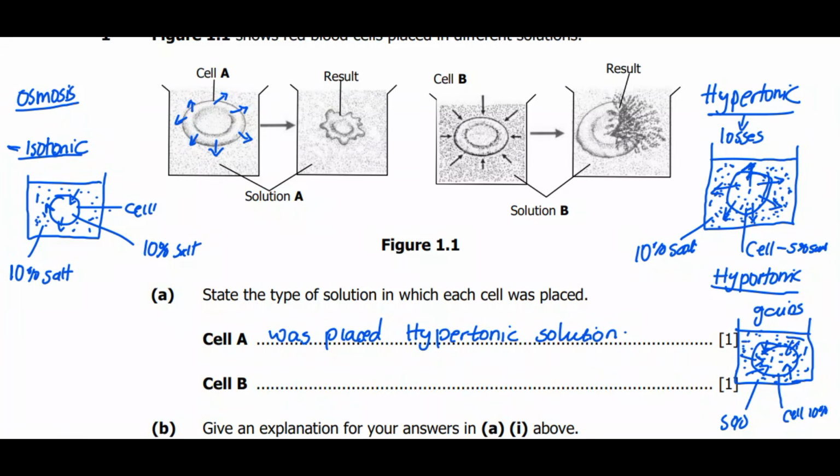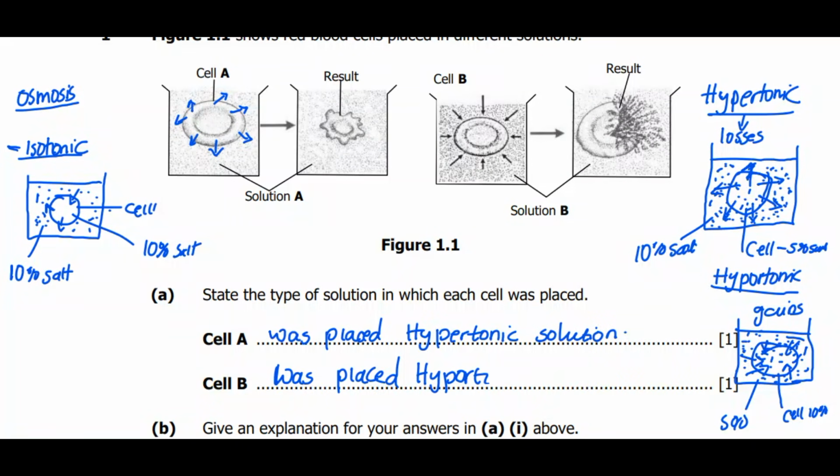Now we move on to solution B. In solution B, we can see the arrows. The arrows show that the cell is gaining water, and we say the solution that does that is hypotonic. So we'll say cell B was placed in hypotonic solution.